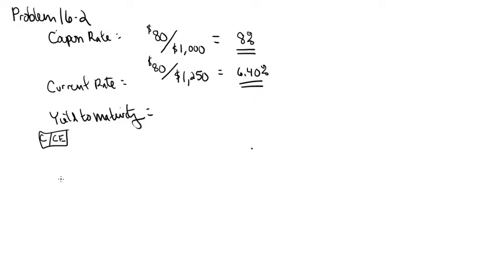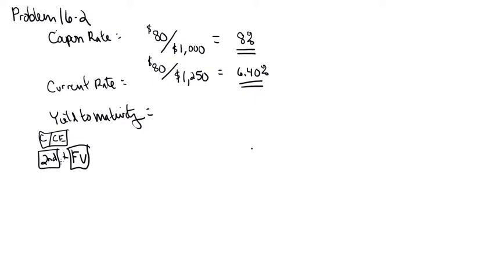So I'm going to go ahead and do that right now. I'll turn my calculator on and clear work. Then we're going to press the second button and the FV button, and that will clear our time value of money calculations. So second, clear time value of money.